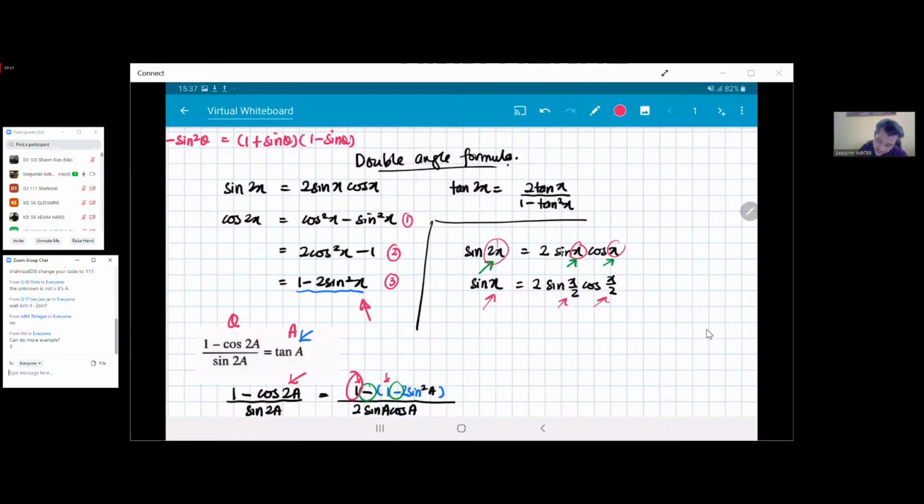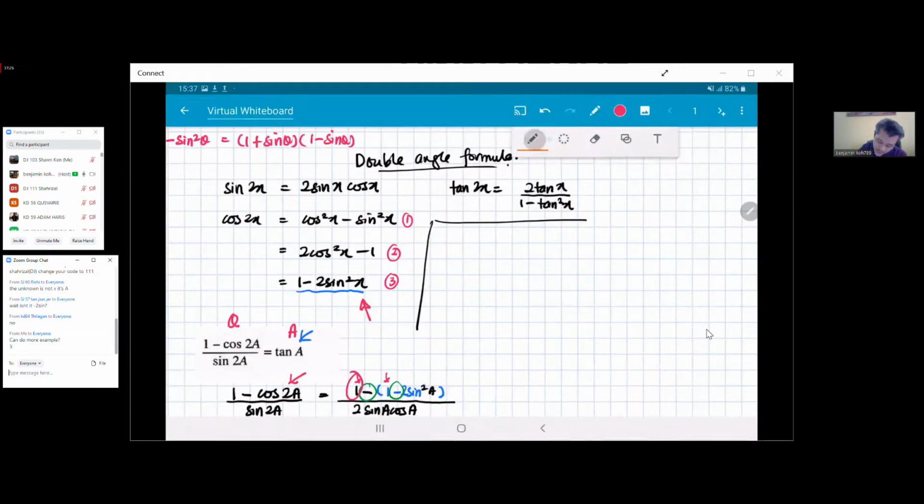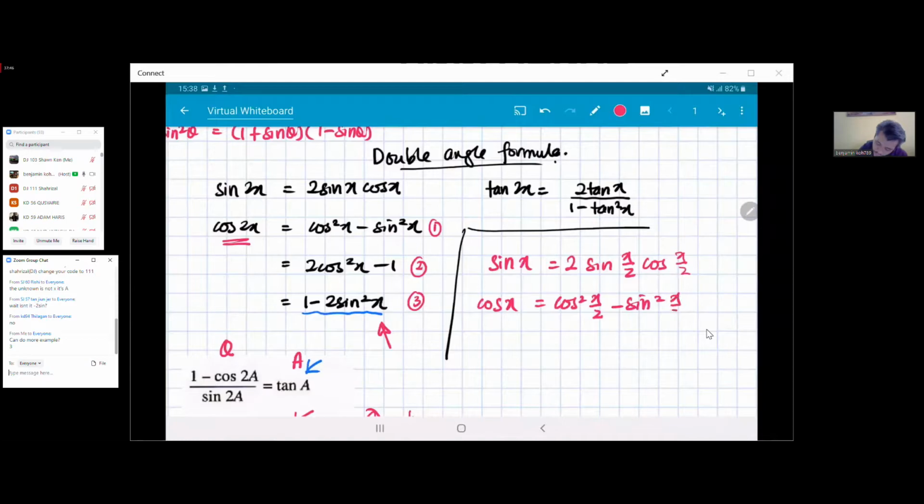Okay, so once again, let's just start from the top. If I modify the double angle formula to get the half angle formula, it means I can say instead of sin 2x, sin x equals 2 sin x over 2 and cos x over 2. Can you understand? That's one. And instead of cos 2x, I can say that cos x equals cos square x over 2 minus sin square x over 2.